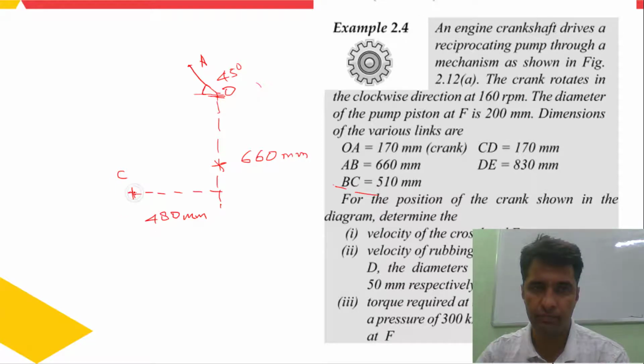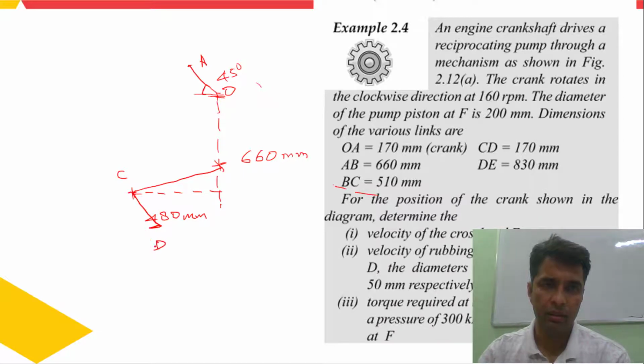Now you can join these 2 points by a straight line. Now from C, draw a line of length 170 mm. So you will get CD. This is the point D.